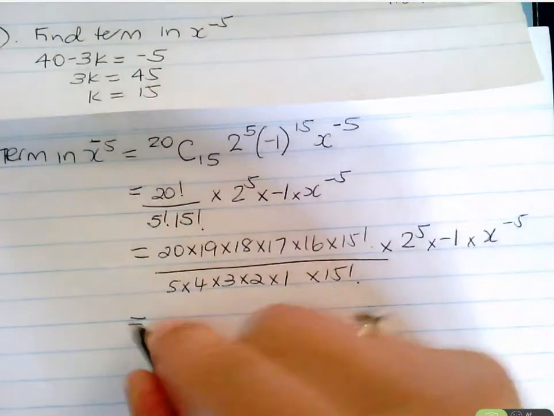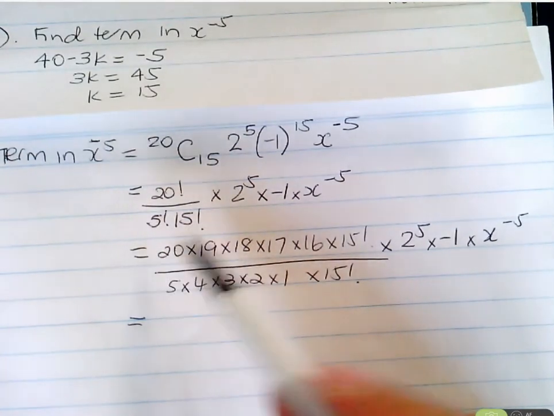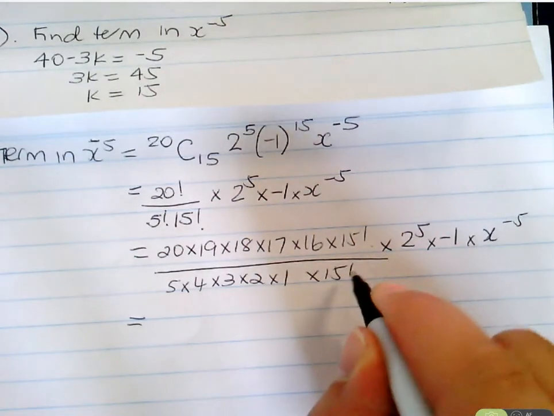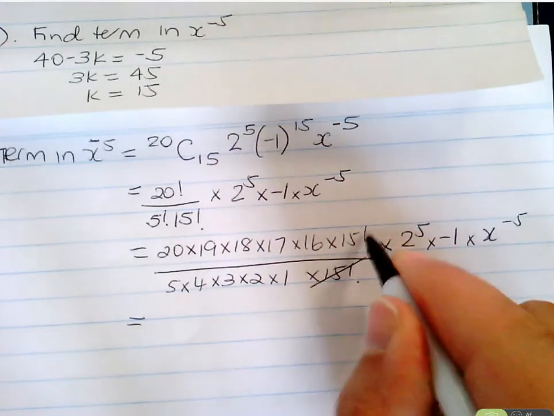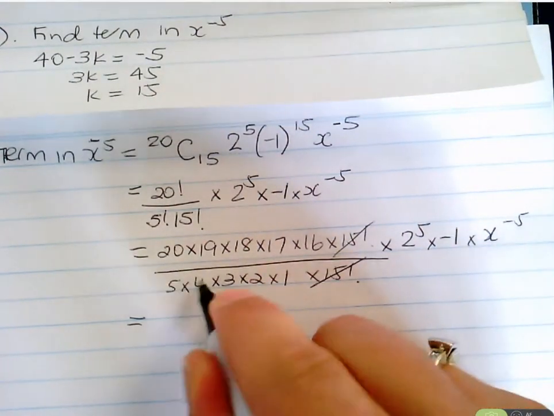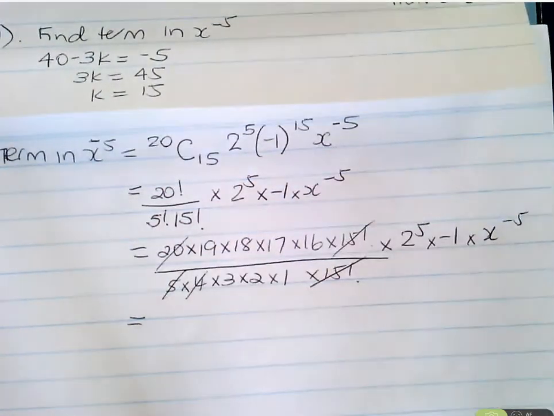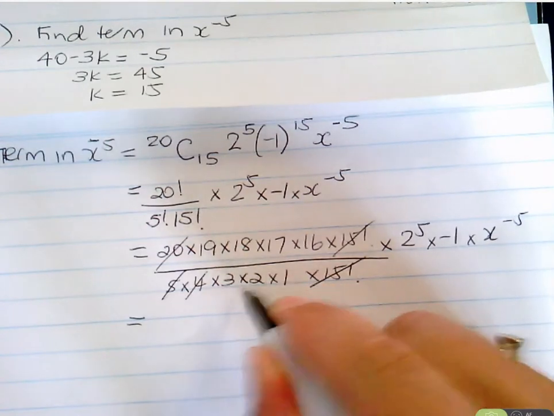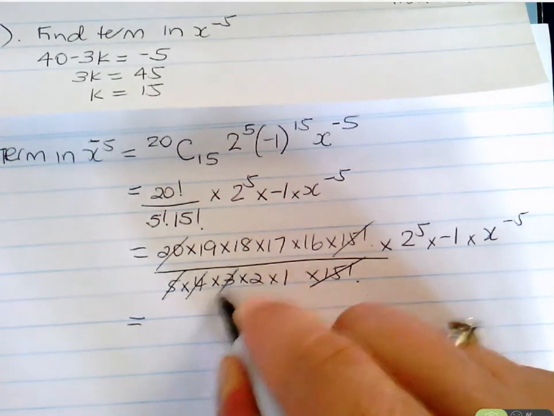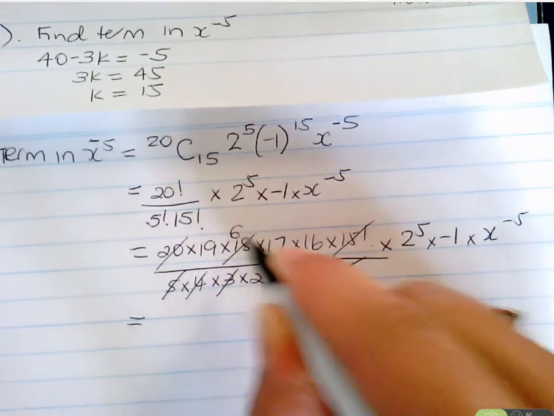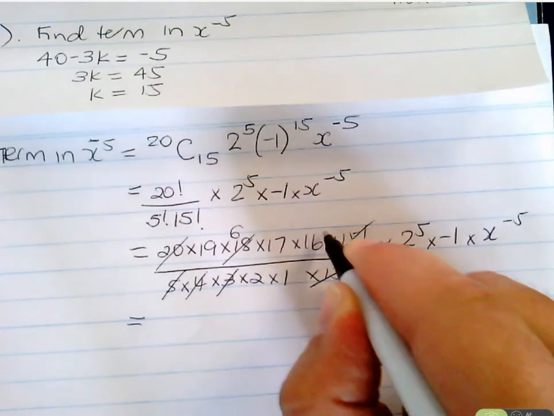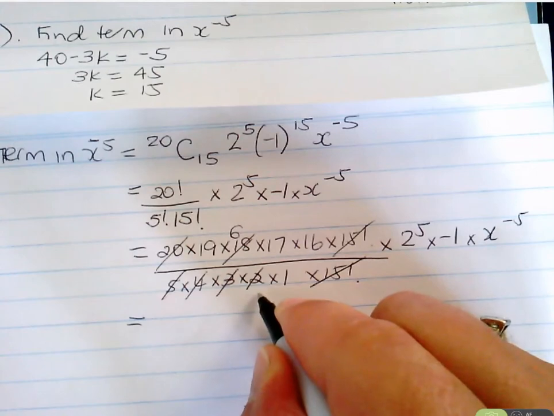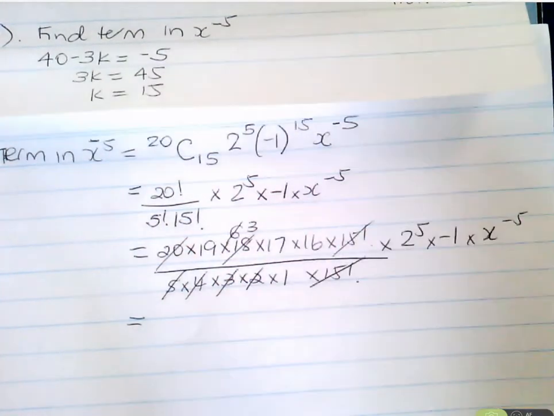So we want to simplify that. You know what you're cancelling? The 15 factorials can go. 5 times 4 is 20. 3 goes into 18, and that becomes a 6. And 2 goes into that as well, and gives us a 3.